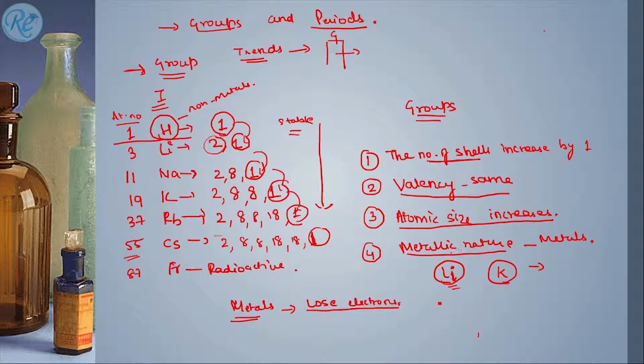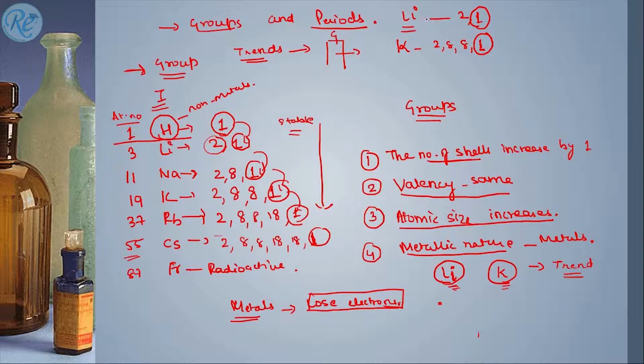Now, the next property that we are going to see is the metallic nature. Now, what we know is that in group 1, all of them are metals. Of course, hydrogen is a non-metal, and only because of its electronic distribution being similar to elements of group 1, it has been placed with them. So for lithium and potassium, one thing that is common is that they have to lose this outermost 1 electron to become stable.